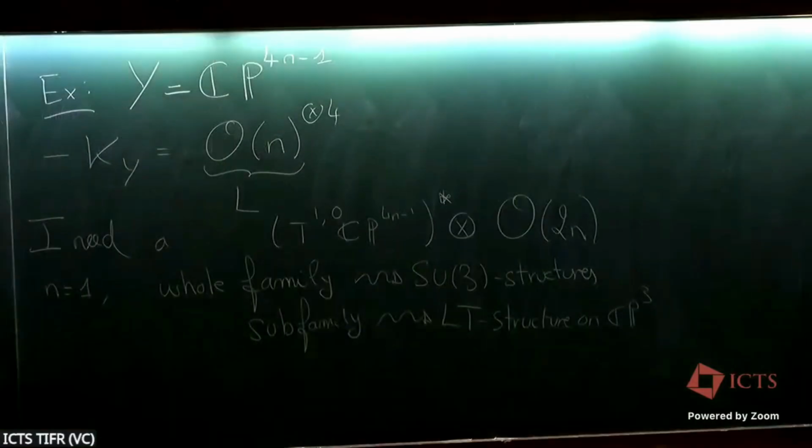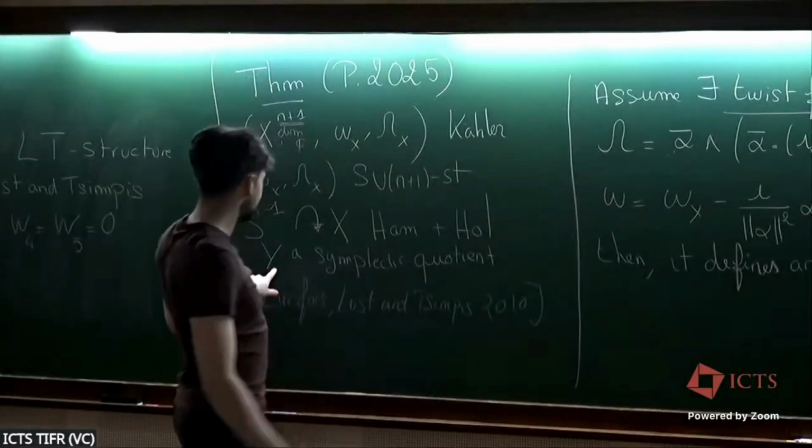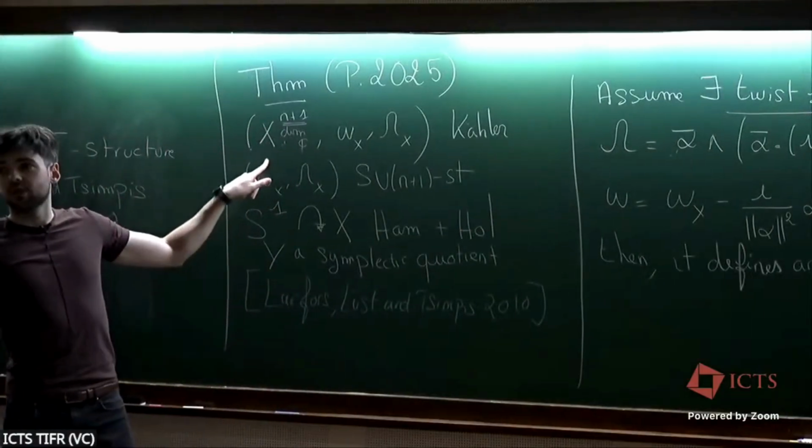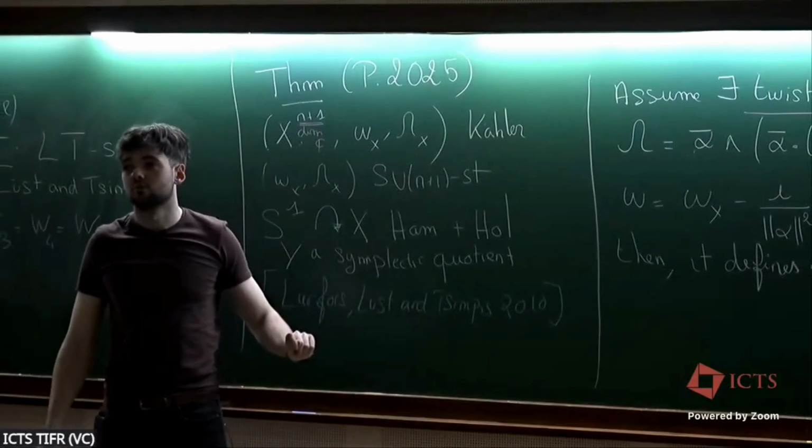We have this function r, which is the squared norm on the Calabi-Yau cone, and it gives you a momentum map, and you look at the level set 1, and it's going to give you back the Y. So the Y over there is the same Y here, and X should be thought of as the Calabi-Yau cone.